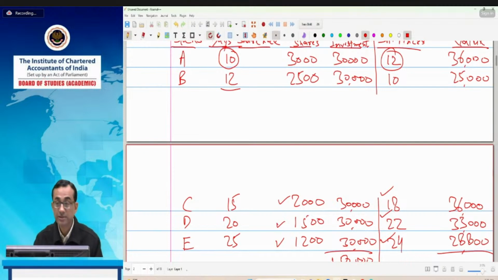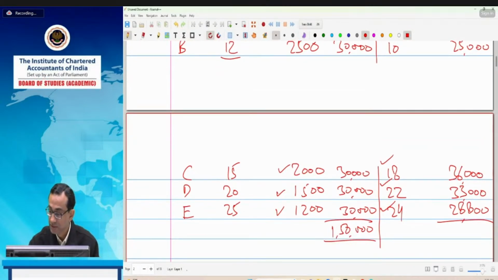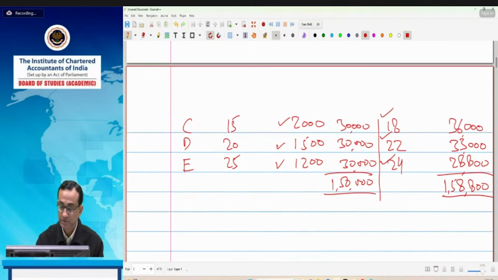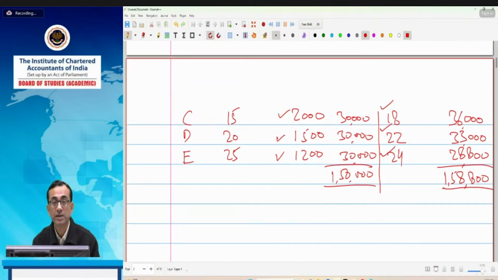So it is basically coming to 1,58,800. The total investment value on day 2 is 1,58,800. So you see the total investment value in 2 days increases from 1,50,000 to 1,58,800.